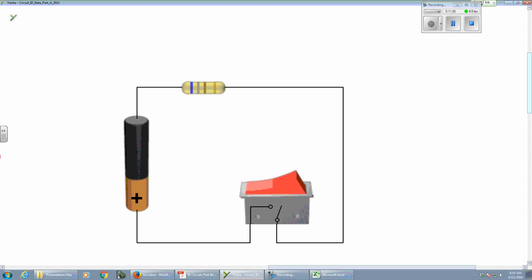Because to have something in series, you have to have two or more things in the same line. And to have things in parallel, you have to have two or more things in parallel with each other. How many elements, besides the battery, do we have in the circuit? How many resistors? 1. So can it be in parallel or series with itself?